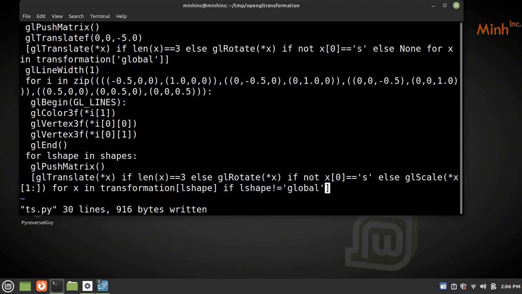So this is the code for x in transformation L shape. Whatever L shape is coming, in that L shape we rotate if it is 3. Otherwise we rotate if it is 4, because in rotation we have 4. In scaling also we have put one S, because scaling and rotation both have 4 kind of list size. So x0 S you are putting. If it is S, then we'll scale 1 to the end. Okay. For x in the transformation L shape, if L shape not equal to global, so only for this item.